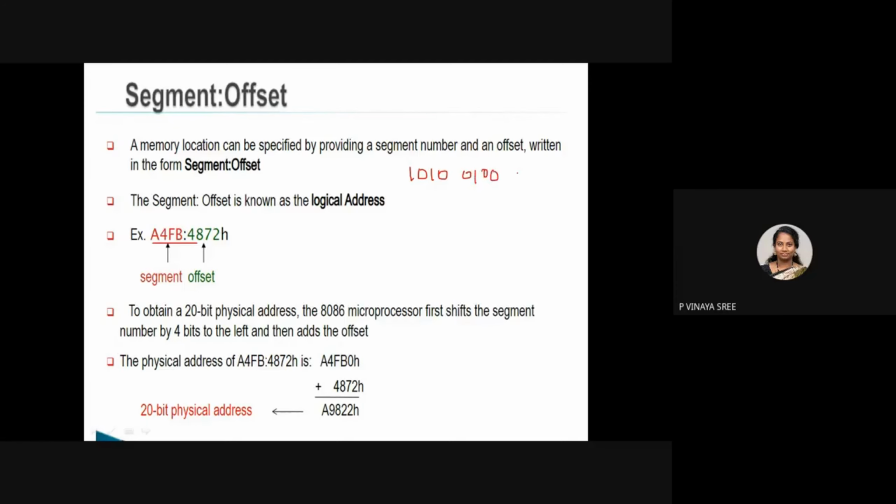F is 15, which means all ones. Next, B is 11, which is 1011. You have to represent it like this, and clearly show the first left shift.